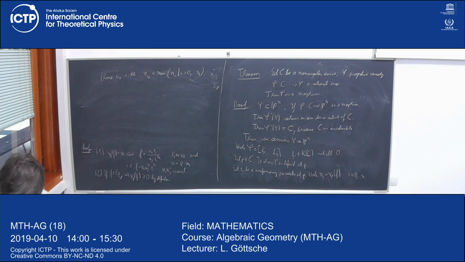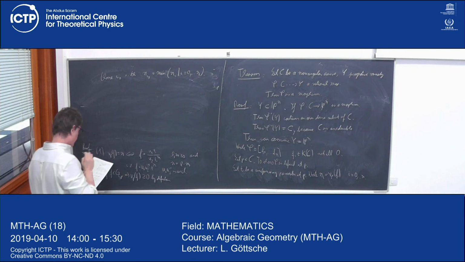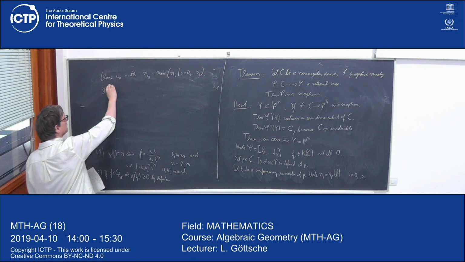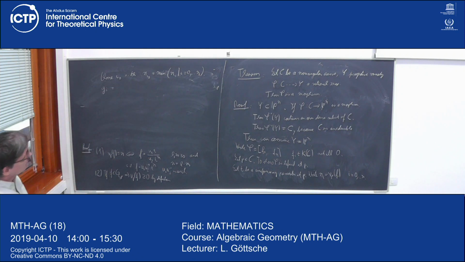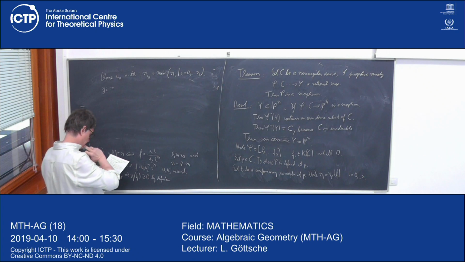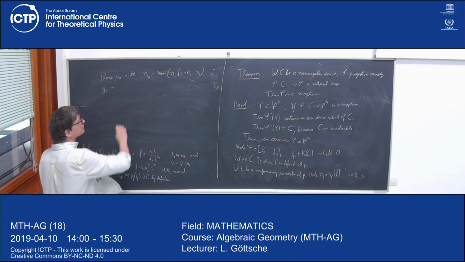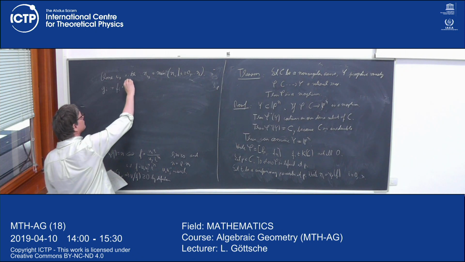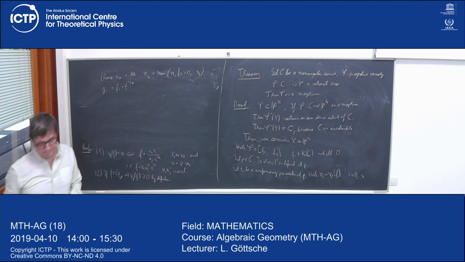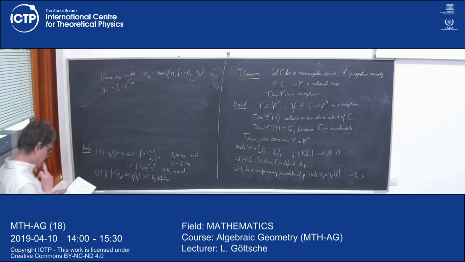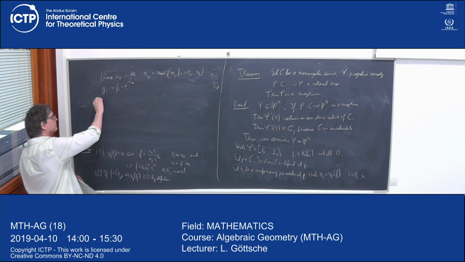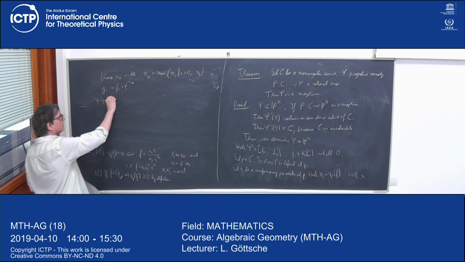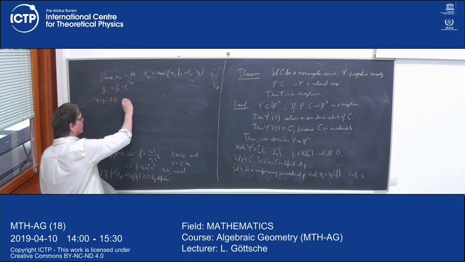And then we define gi for all i to be fi times t to the minus ni0. What do we have then? Then mu_P of gi is bigger or equal to 0 for all i.